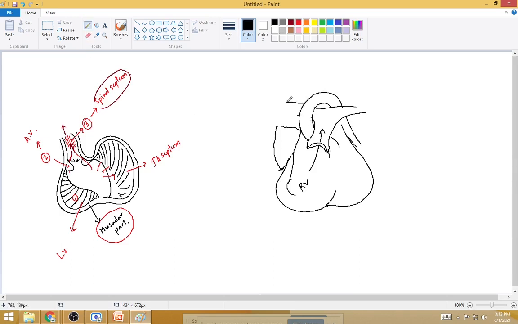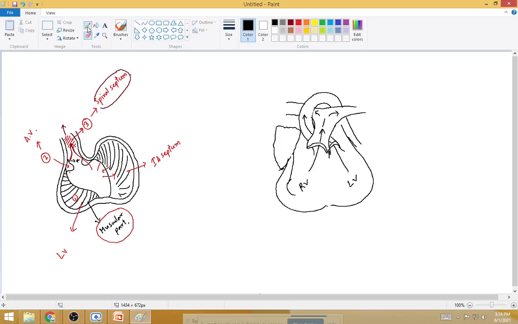If you cut it down, you'll find the outflow of the aorta is through the left ventricle. Outflow of the pulmonary trunk, to both sides, is through the right ventricle. Now is it clear?